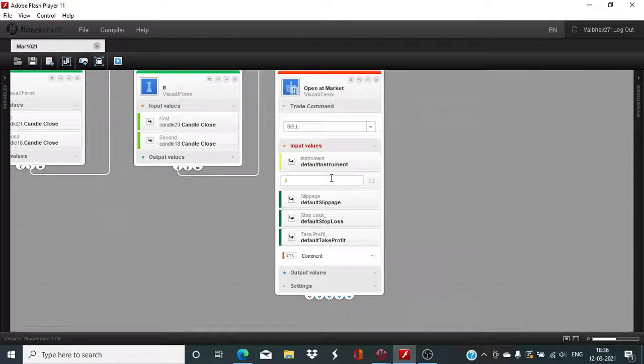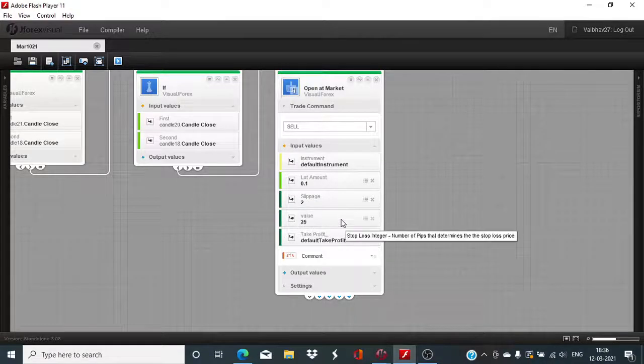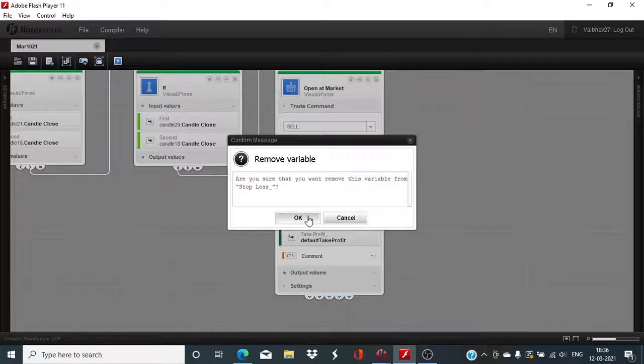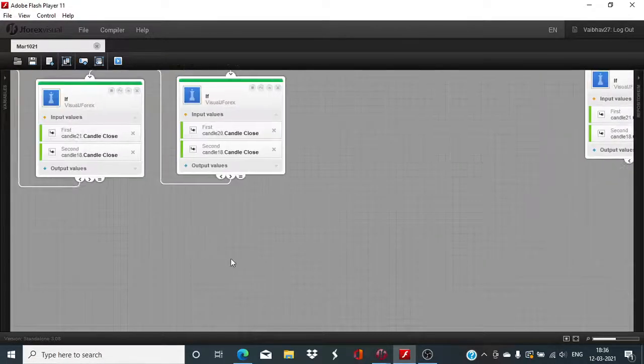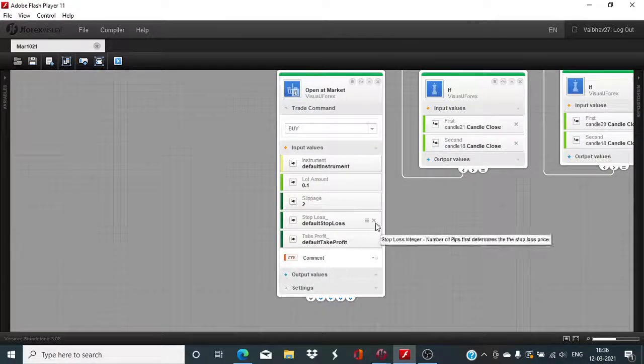And this, I think 0.1 million should be good enough. Slippage 2 pips, and for stop loss and take profit we will create new variables for buy side also.